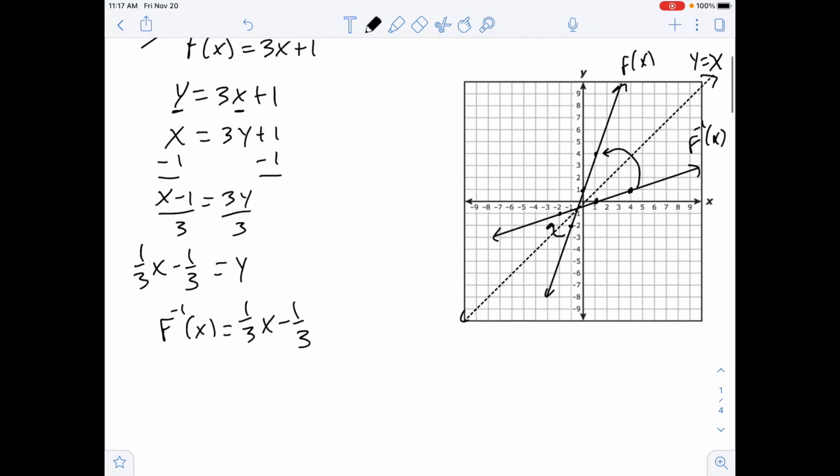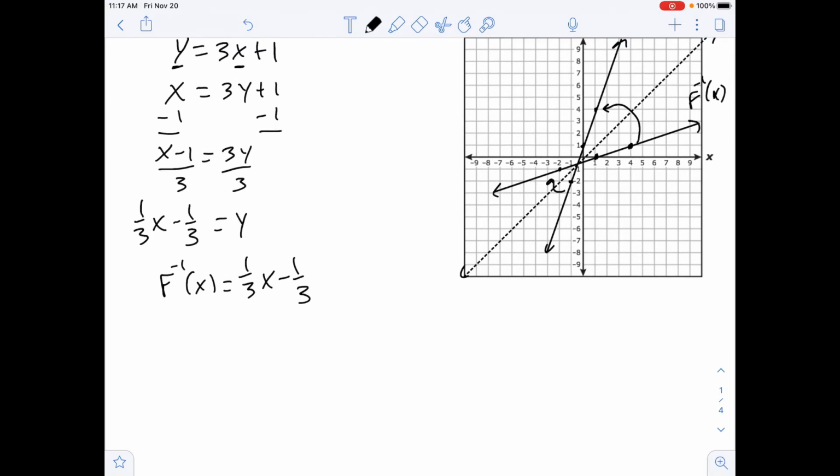Now let's talk about domain and range. So the domain for f of x is going to be all reals because it is linear. And the same thing for the range of f of x is also going to be all reals.